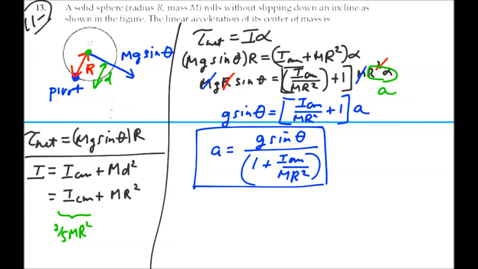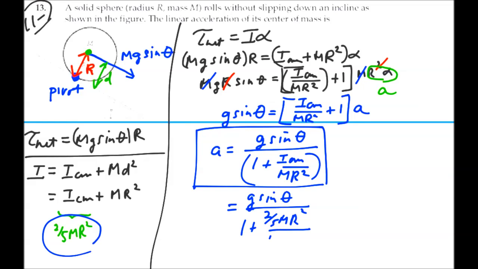But in this case, we know that the moment of inertia about the center of mass is indeed 2/5 mr squared. So we can go one step further, and we can say that this is equal to g sine theta over 1 plus 2/5 mr squared over mr squared. The mr squares cancel out. 1 plus 2/5 is 7/5.